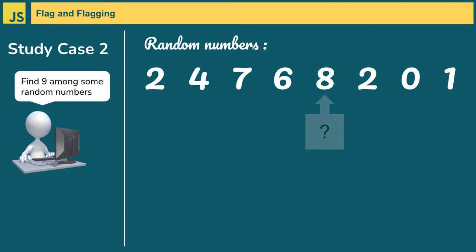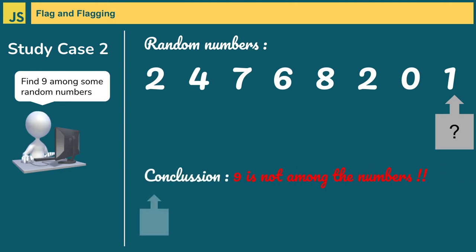It will still hold the initial value until the end. In the end, because nothing stated that we found 9, we will conclude that 9 is not among the numbers. But still, that box with the arrow is a flag variable.